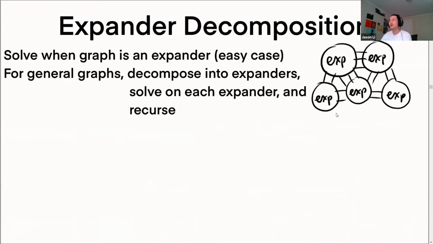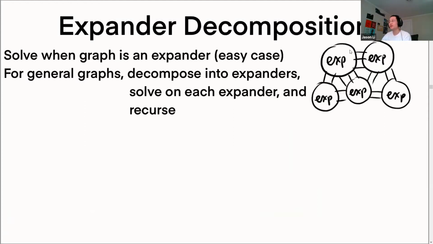Okay, so the second technique we're going to use is expander decomposition, and here the concept is very simple. There's just two steps. First of all, let's suppose as an easy case that the graph is an expander. For a lot of problems, when the graph is an expander, the problem becomes a lot easier. And for general graphs, the idea is going to be, let's just decompose the graph into expanders.